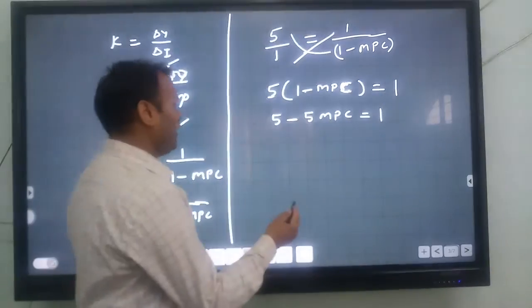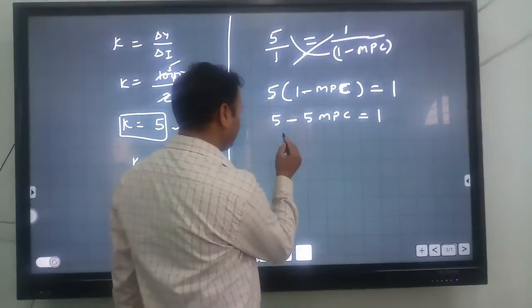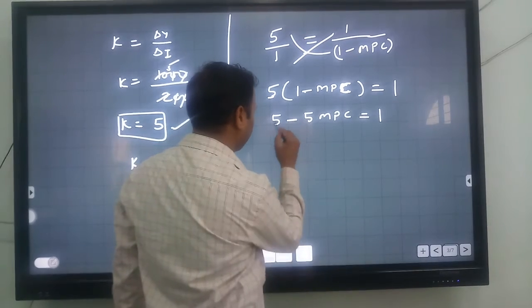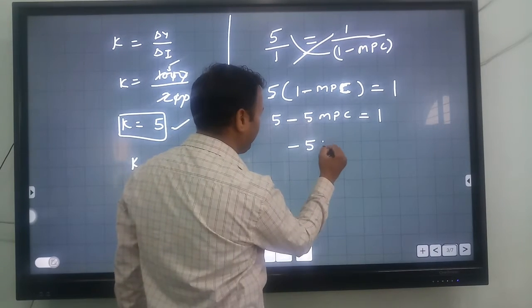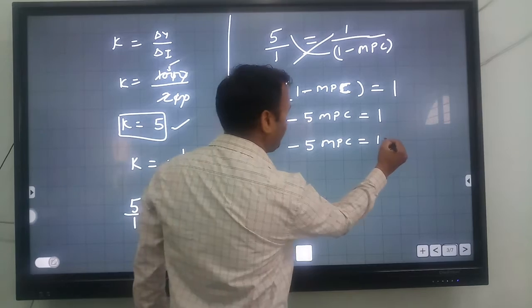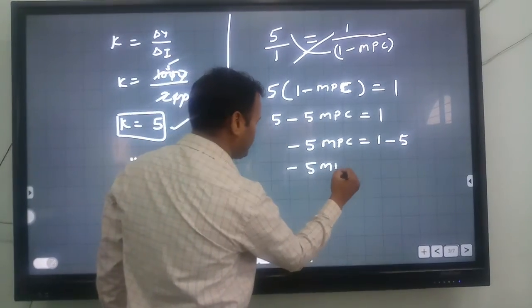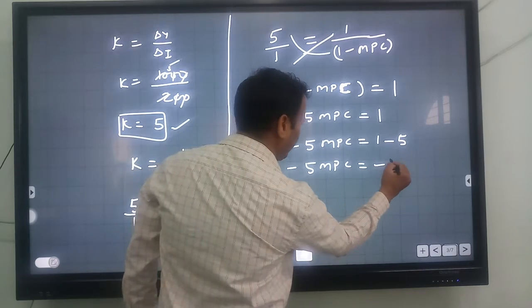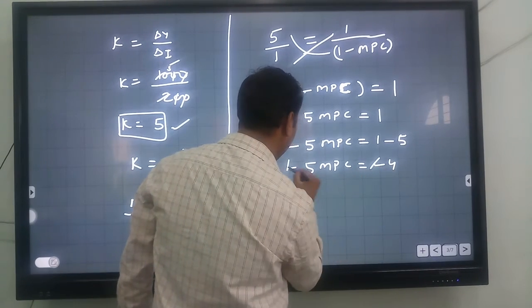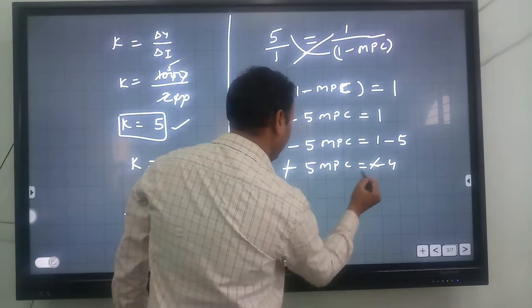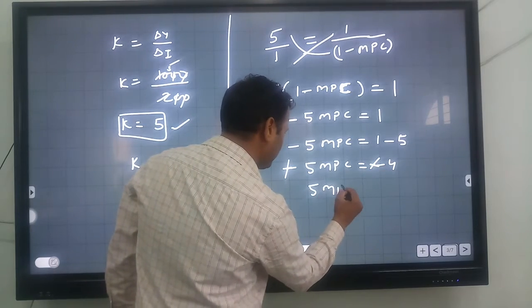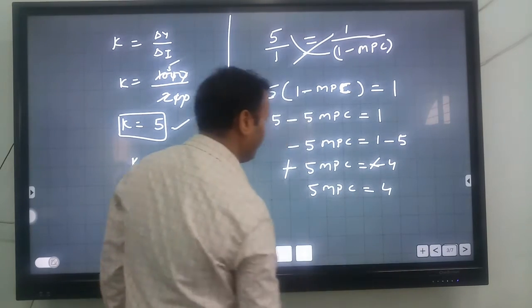Okay. Now what will you do? Here just transpose the 5. So minus 5 MPC is equal to 1 minus 5. So minus 5 MPC is equal to minus 4. Minus minus cancel. Okay. So 5 MPC is equal to what? 4.